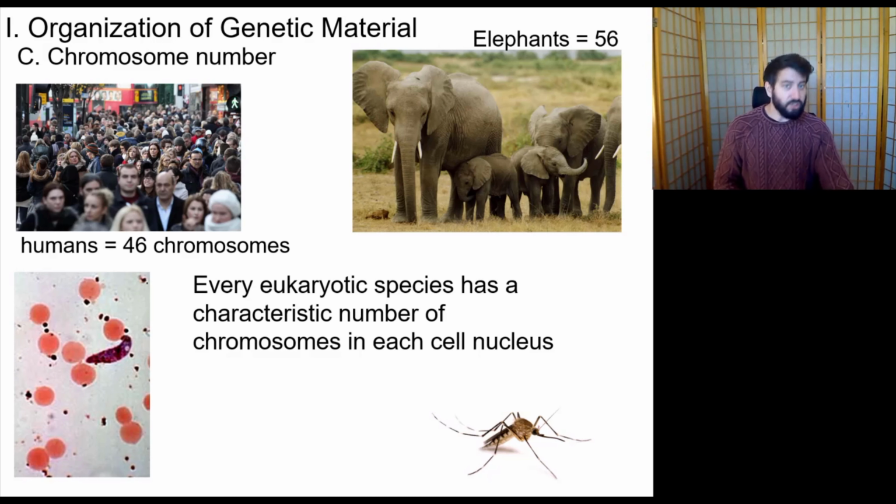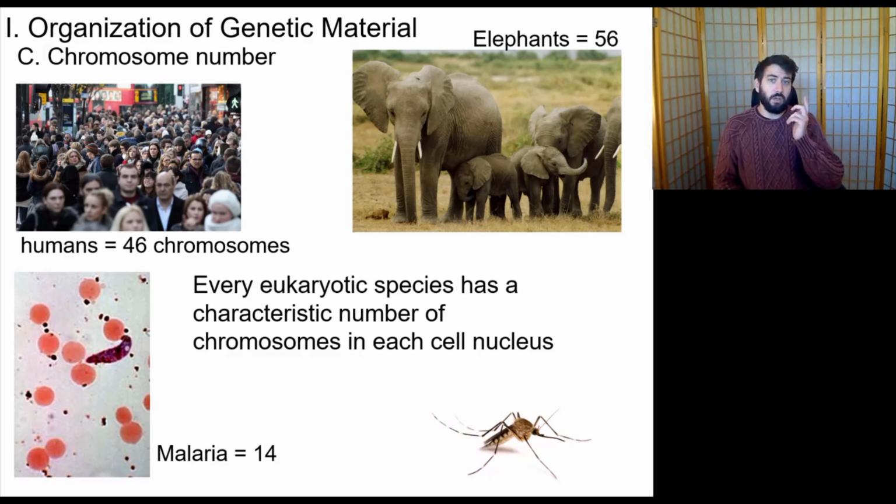Well, I should say that you've probably heard of what this organism causes. Any guesses? It causes malaria. So these single-celled eukaryotes have a measly 14 chromosomes. Kind of makes sense, right?